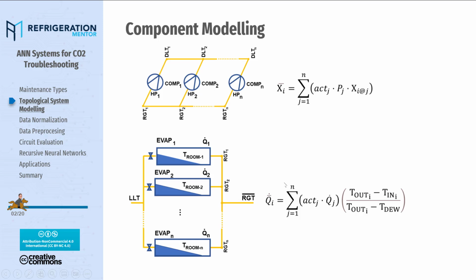And for the evaporation side, we can use the same reasoning to estimate the specific load request from the evaporators as a fraction of the cooling capacity times the sensible heat ratio, which is the relationship between the sensible heat transfer and the total heat transfer.